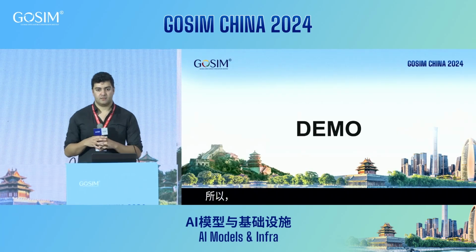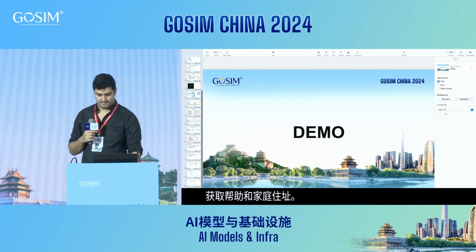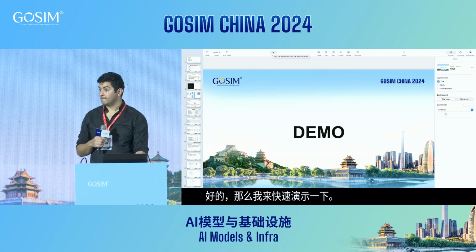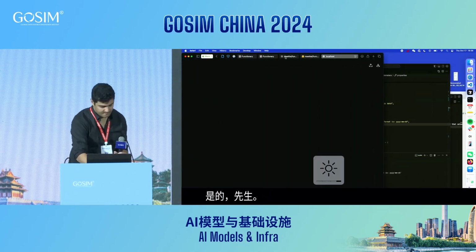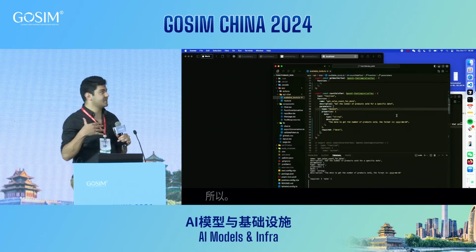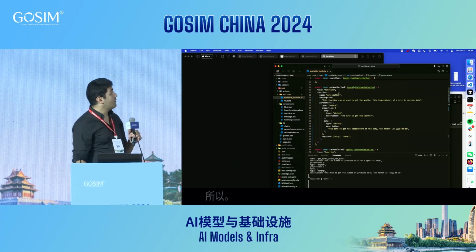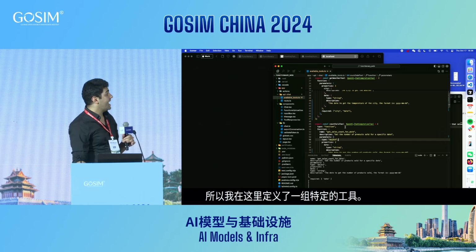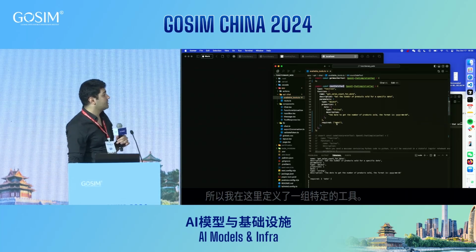All right, so I'm going to show a quick demo. I have defined a certain set of tools here. We have the getWeather function, and we have a countSale function, and the model will decide.